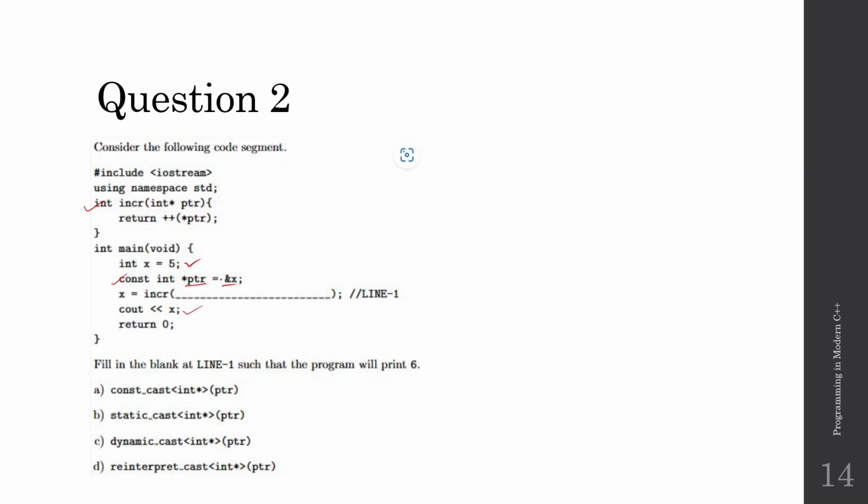But the problem here is that our pointer is a constant pointer, so we cannot modify it. And as we saw in the previous slide, when we have to remove the constness we use const cast. So here the answer will be A. Static cast and dynamic cast will not permit it, and reinterpret cast will also not permit it.